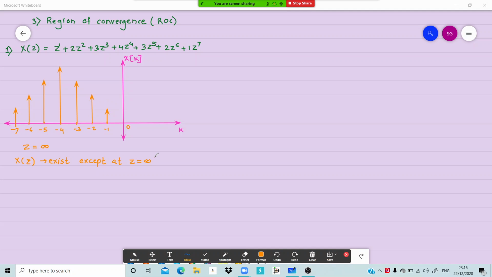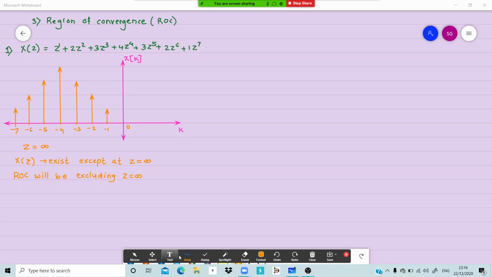For all other values, it will have some particular value. So now what is the region of convergence? ROC will be excluding z equal to infinity.